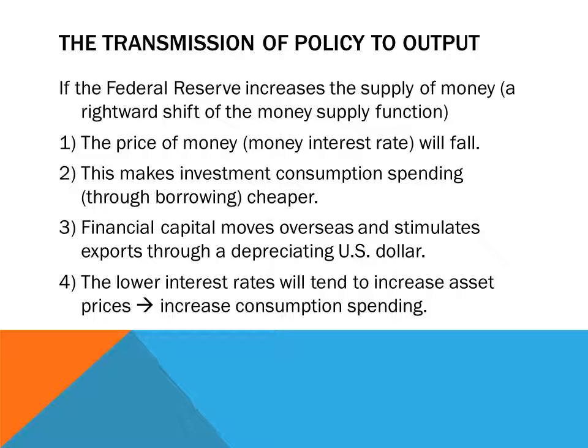Next, financial capital will move overseas and stimulate exports through a depreciating US dollar. This is because investors are looking for a higher rate of return. If interest rates fall within the US, then more financial capital will move to seek investment opportunities in international markets. And lastly, the lower interest rate will tend to increase asset prices, and this increases consumption spending as Americans have more net worth.